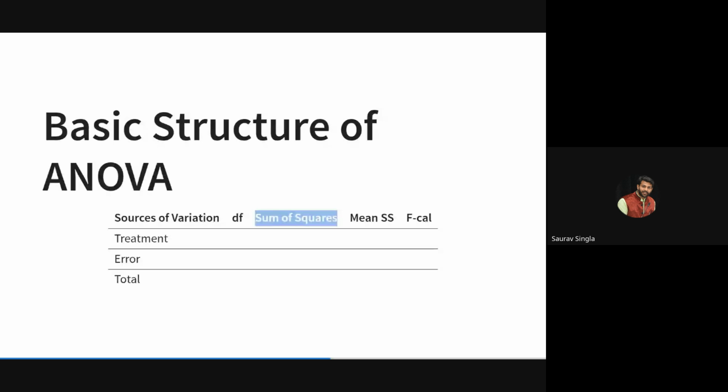But if you have any confusion in such things, I'm open to answer. There is no issue regarding that. Sum of squares is nothing, but I think all of you are acquainted with variance.